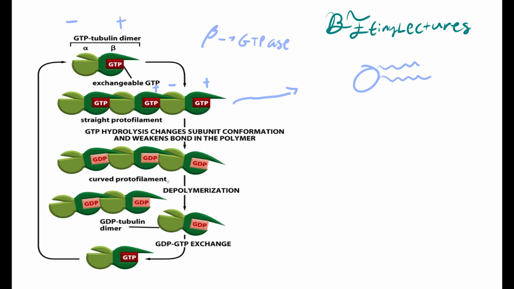Therefore, it starts to break apart. When this starts to break apart, this is what you see as shrinkage. So this is expansion, which is GTP, and this is shrinkage, which is GDP. That is really dependent on the hydrolysis of GTP.